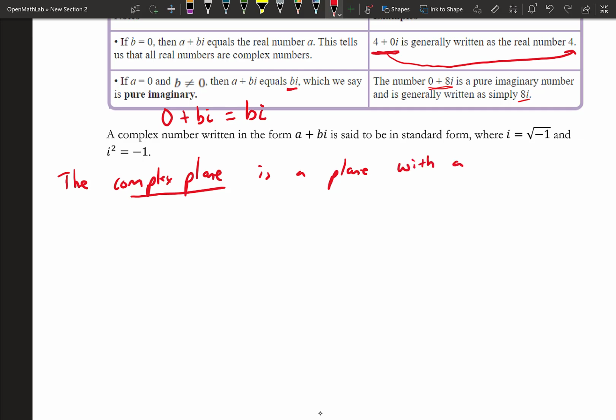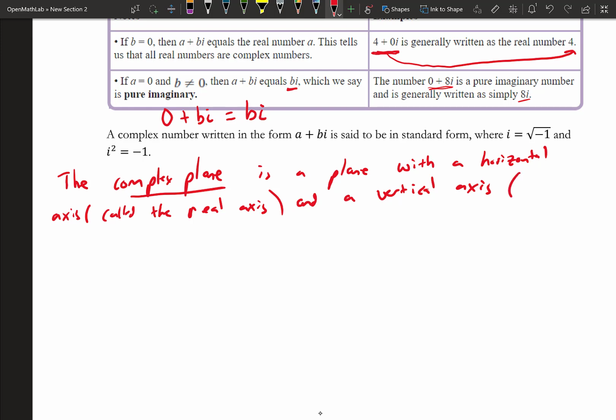with a horizontal axis called the real axis, and a vertical axis called the imaginary axis.